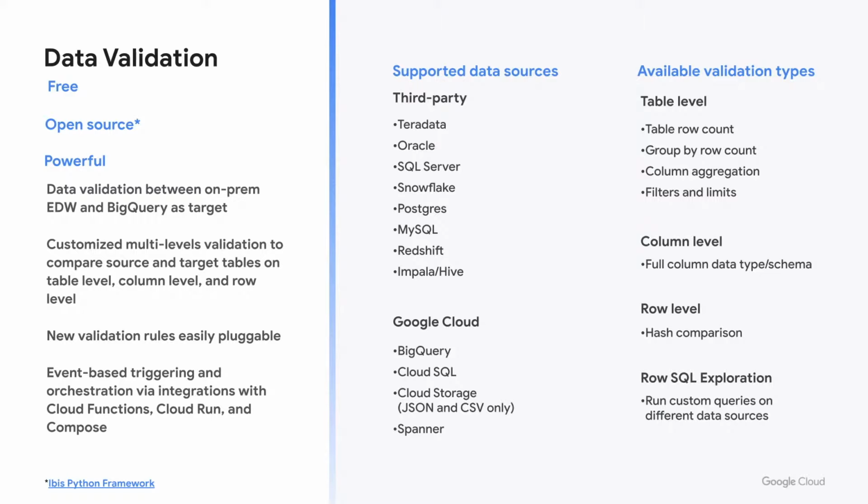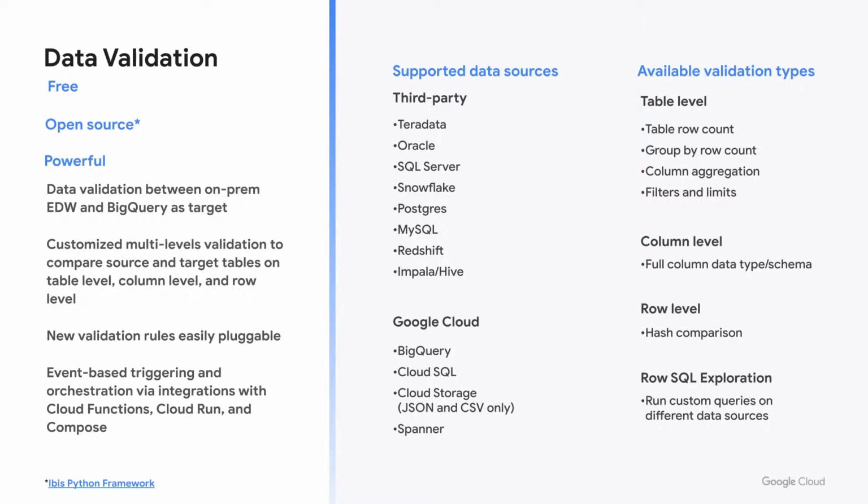It has three cool differentiators. First of all, it's highly customizable. It's customizable at multiple levels to perform validations between source and targets at table level, at column level, and at row level. That's number one. Number two, new validation rules are easily pluggable.